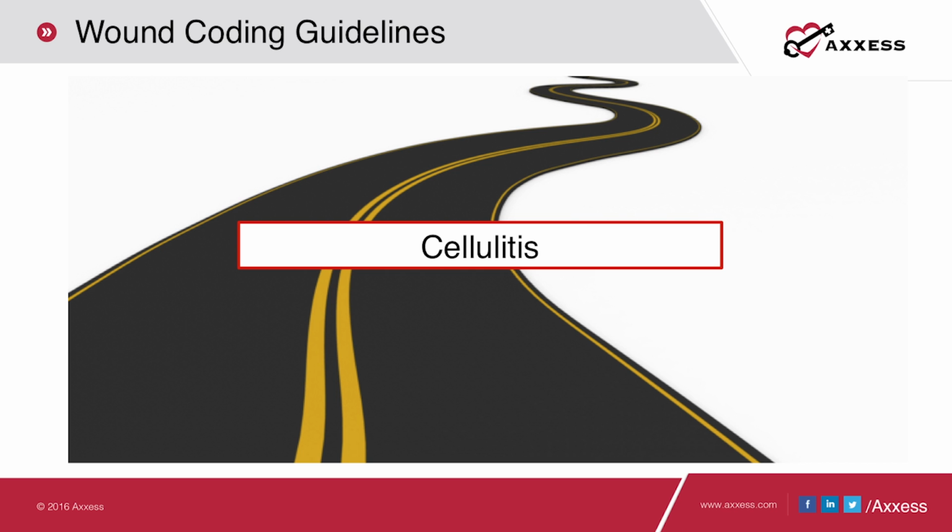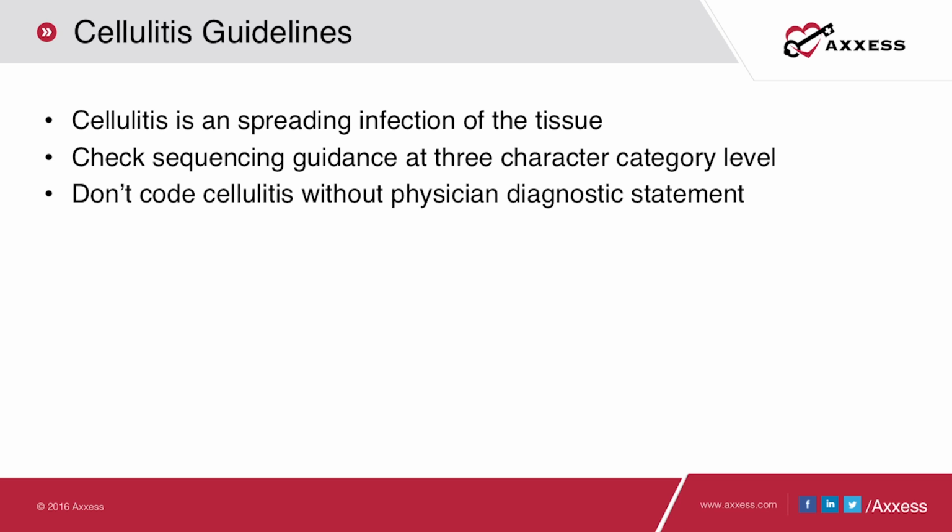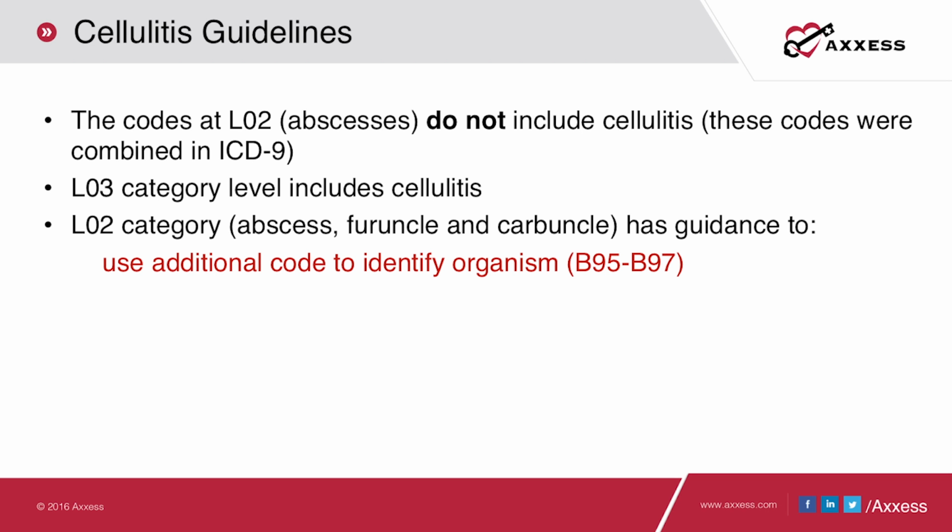The next category we're going to talk about is cellulitis. In cellulitis, we know that that's a spreading infection of the tissue of the skin. We're going to check for sequencing guidance at the 3-character category level, and then we know not to code cellulitis without a physician diagnostic statement saying that it's actually cellulitis. Now, the codes at L02 are abscesses, and they do not include cellulitis.